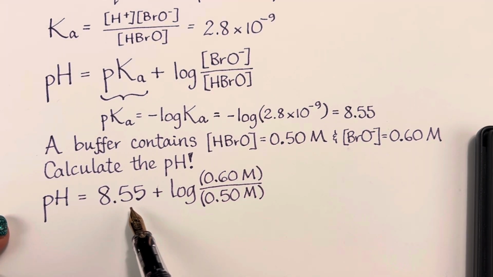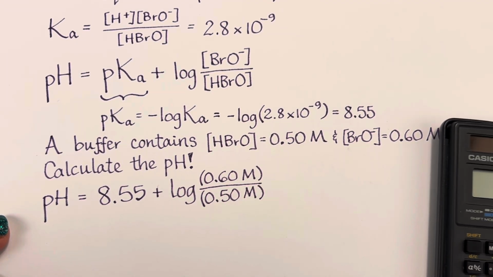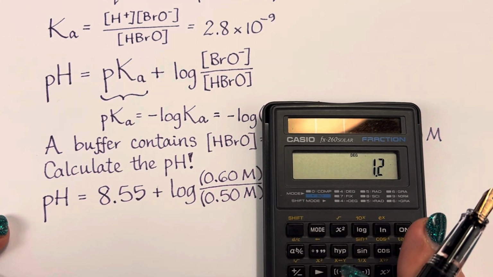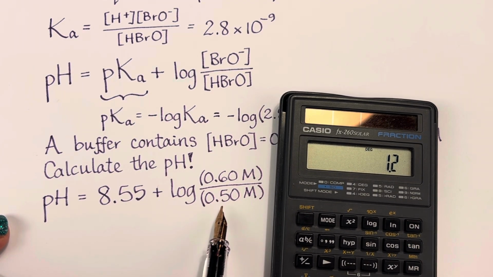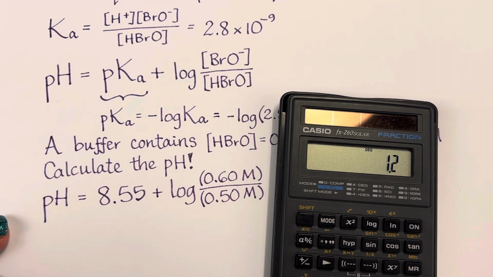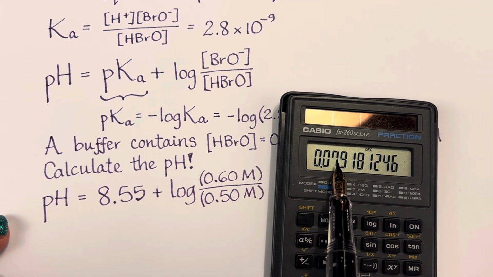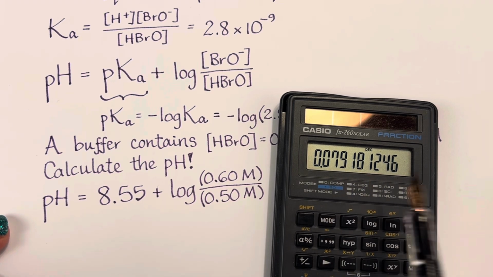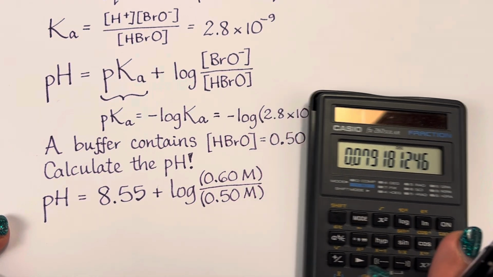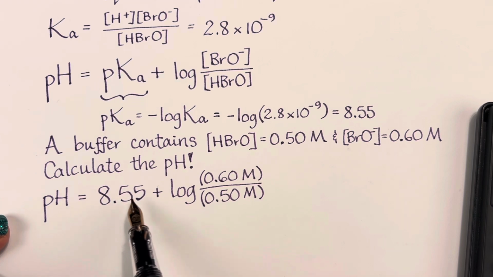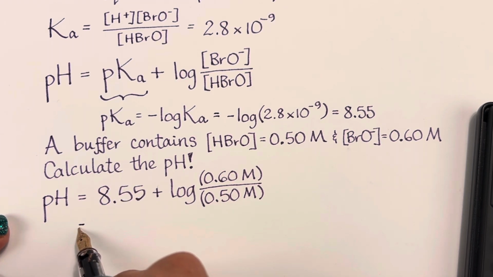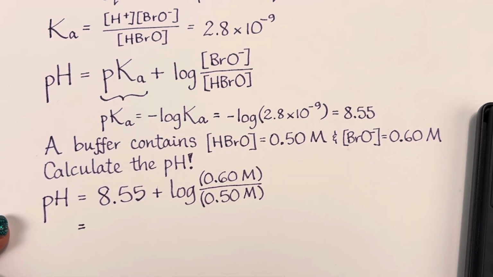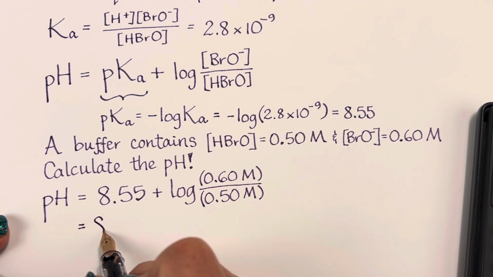Okay, so let's go ahead and put in these values. We divided 0.6 by 0.5. We got 1.2. Take the base 10 log of that, and we get 0.07991, etc. If we add this to 8.55, we get 8.63.